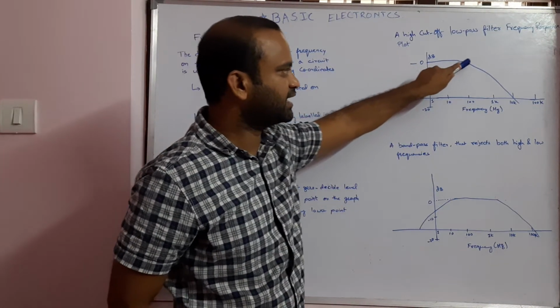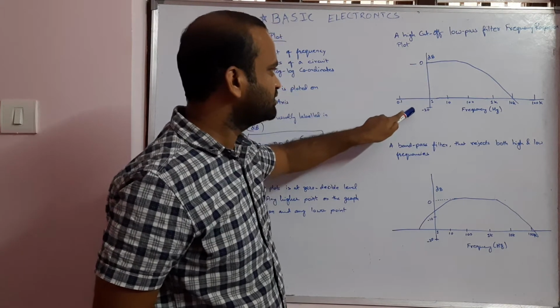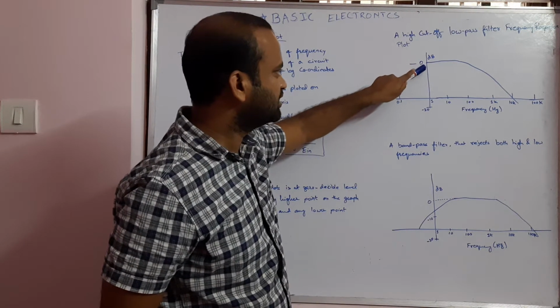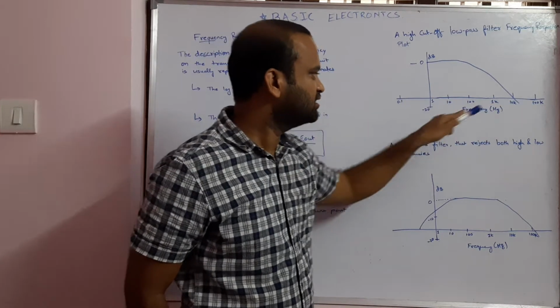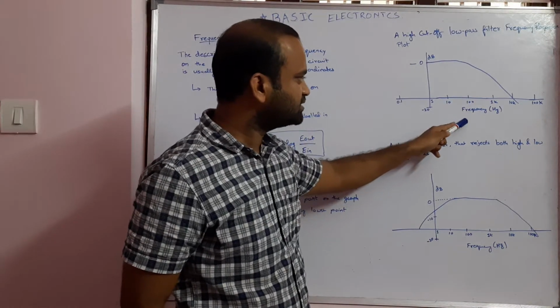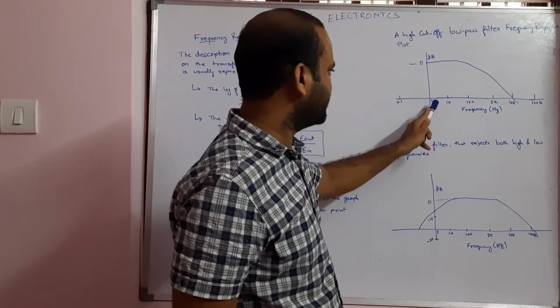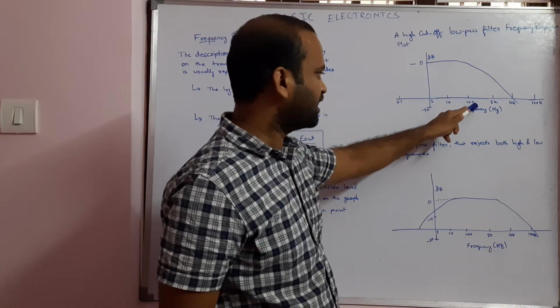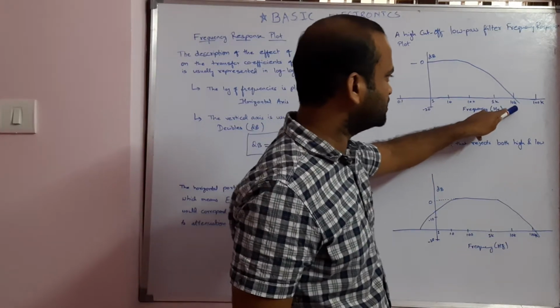The vertical axis is labeled as 0 decibels, and the horizontal axis is labeled as frequency in hertz. These frequencies are plotted in decade manner, for example, 1 hertz, 10 hertz, 100 hertz, 1 kilohertz, 10 kilohertz, and 100 kilohertz.